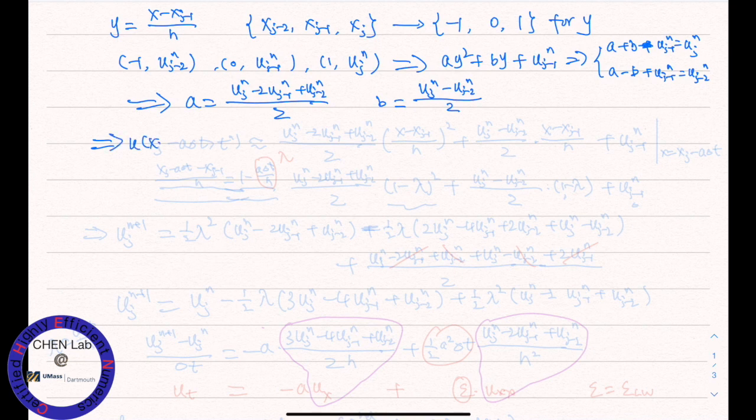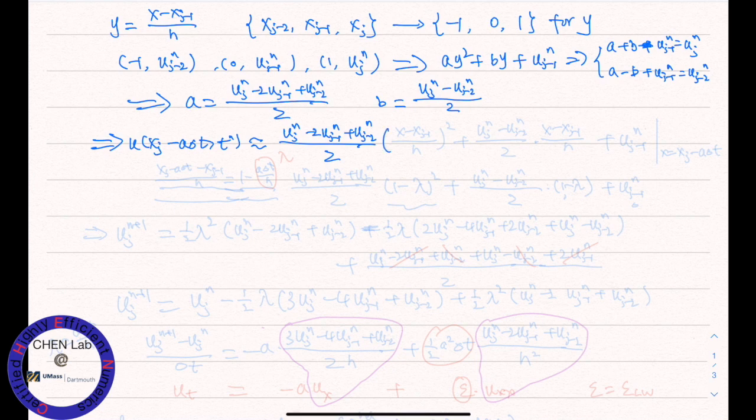So we know that u(x_j minus a delta t, t^n) can be approximated by this quadratic polynomial, which is a, 1/2 u_j^n minus 2 u_{j-1}^n plus u_{j-2}^n, this guy times my y squared.